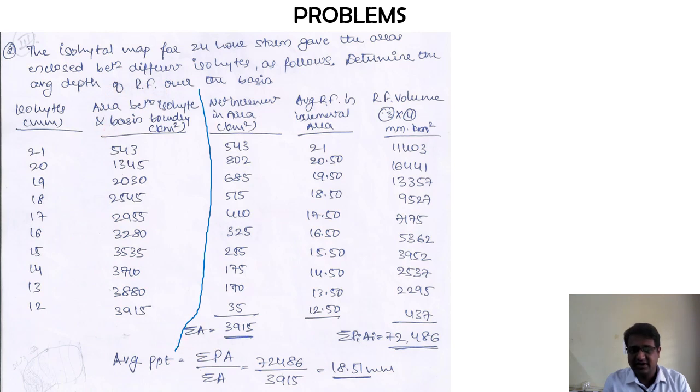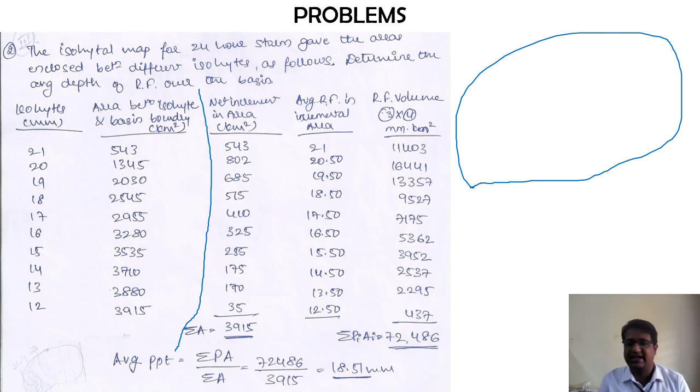If I represent the same graphically, imagining this as your catchment area, you need to understand that the isohyet over here is the first one. The rainfall occurring over here is 21 as per the problem.